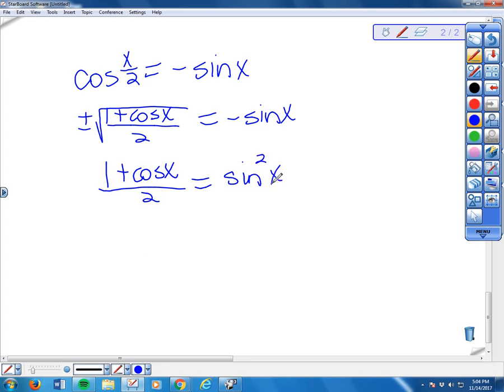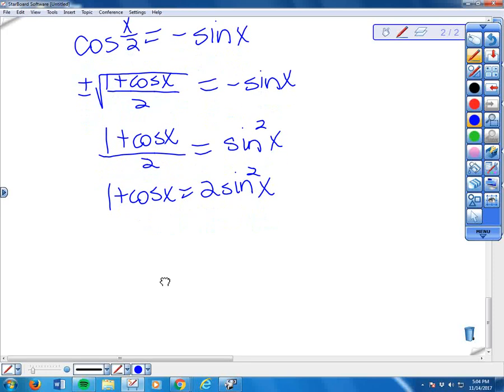Multiply both by 2: 1 plus cosine x equals 2 sine squared x. I'm going to get everything on one side, so I'm going to subtract cosine x and 1, and then flip sides. So I get 2 sine squared x minus cosine x minus 1 equals 0.